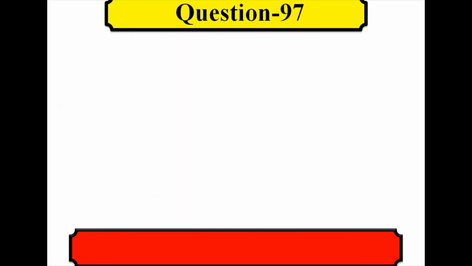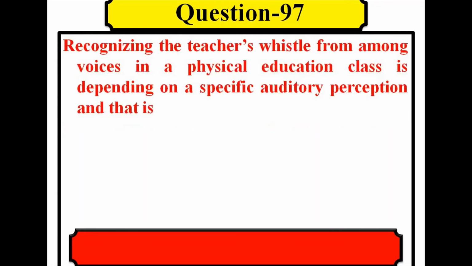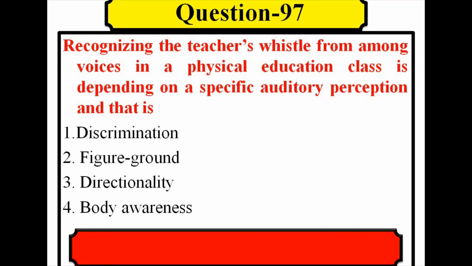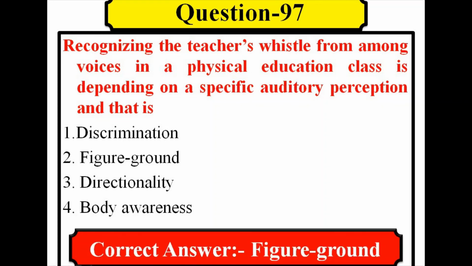Question 97. Recognizing the teacher's whistle from among voices in a physical education class is depending on a specific auditory perception, and that is 1. Discrimination, 2. Figure ground, 3. Directionality, 4. Body awareness. Correct answer: figure ground.